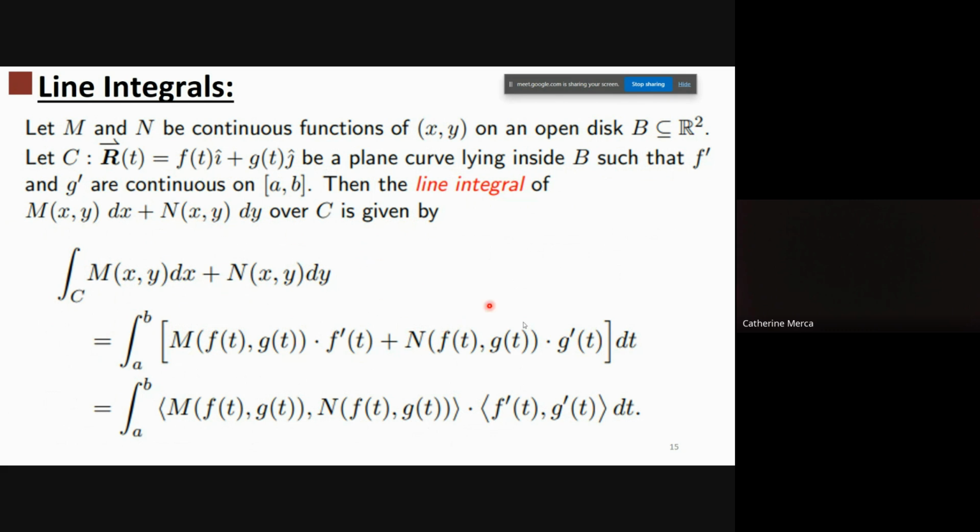X is a function in t, and g prime of t is again from here, the derivative of g of t when you take the derivative of r of t. That is the same as you simply take M of f(t), g(t) and f prime of t, and N of f(t), g(t) and g prime of t, so that product goes with it.